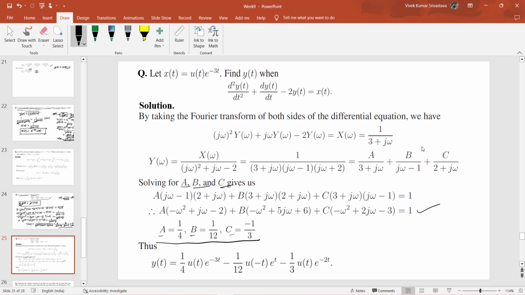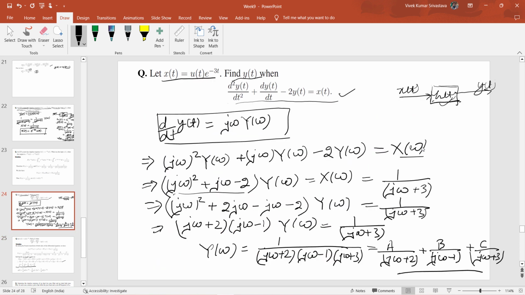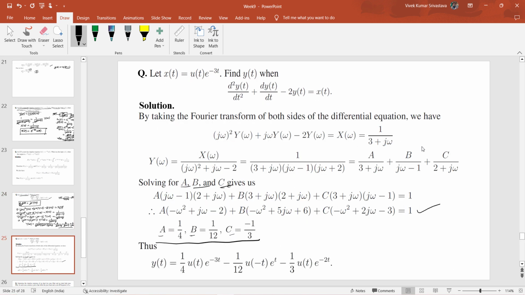Once you substitute the values of A, B, C in this expression and take the inverse Fourier transform, you will get this expression. This mathematical part I am leaving to you, because it will take a lot of time to solve, so you can do it by yourself.